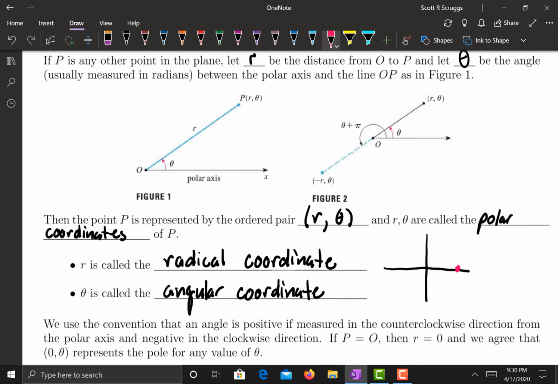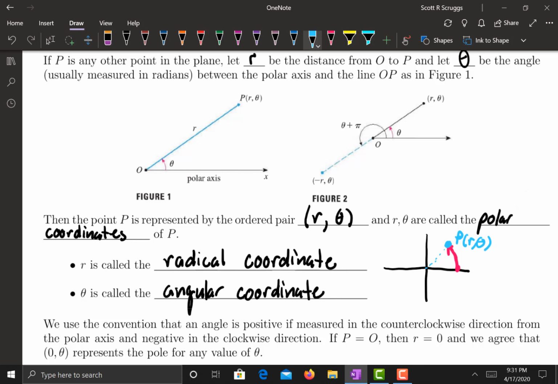And then whatever angle theta is, I'm going to rotate that many units in radians, and that would be my point in polar coordinates. So the way I'm going to plot a polar coordinate is on the horizontal axis, I'm going to begin at whatever value r is. Then I'm going to rotate based off what the angle is telling me.